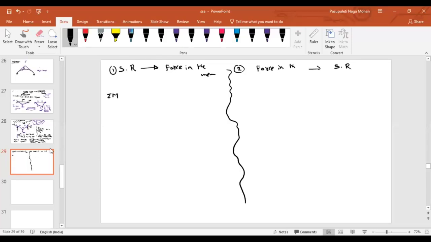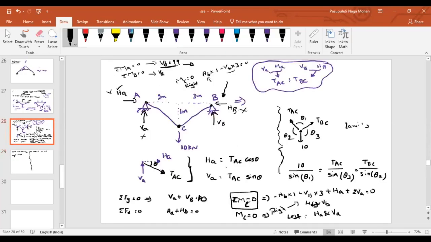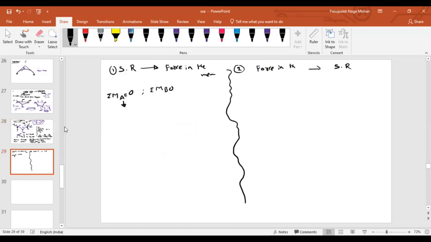Take either summation of moment at point A equal to 0 or at point B equal to 0 and tell me what you are getting. Take summation of moments at point A equal to 0 and tell me which reaction you are getting. Sir, summation of moment at A equal to 0, VB equal to 4.